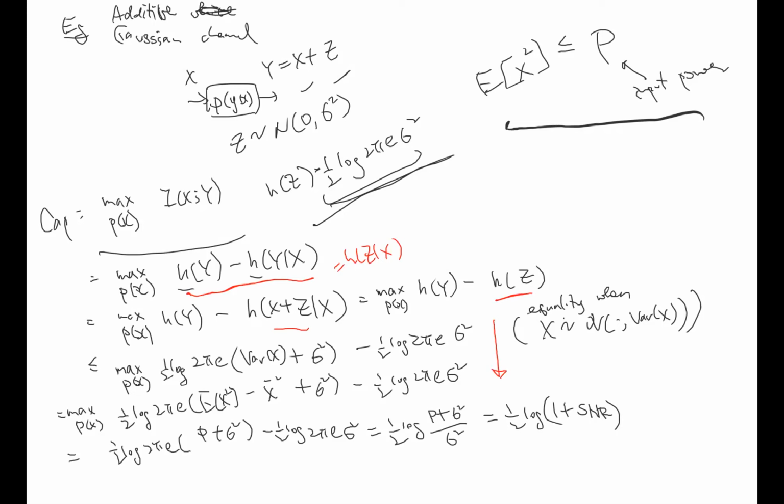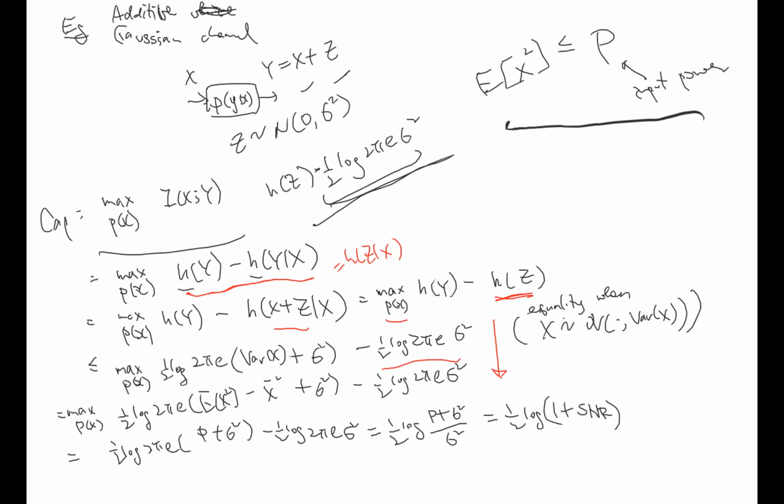Then afterward, think about what the measurement is. H(Z) here doesn't depend on the input distribution anymore, so it's just equal to one half log 2 pi e sigma squared. But for H(Y), think about what the maximum H(Y) is.